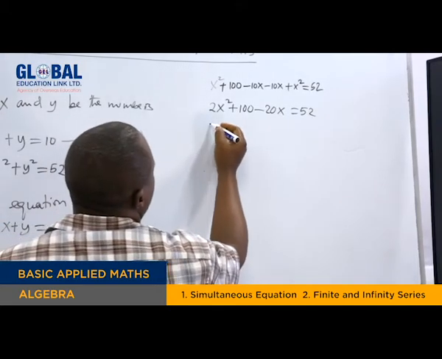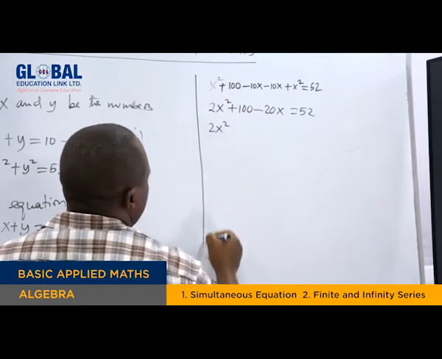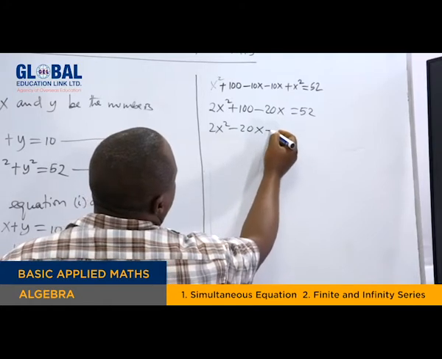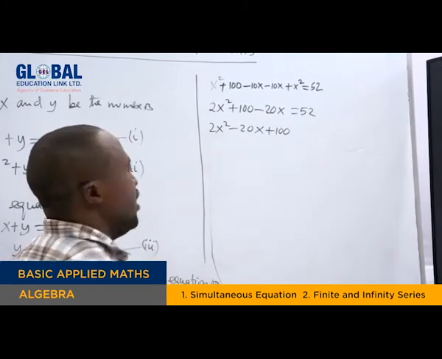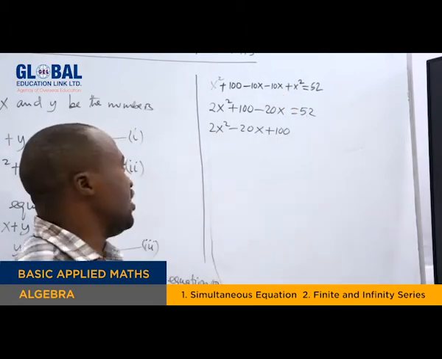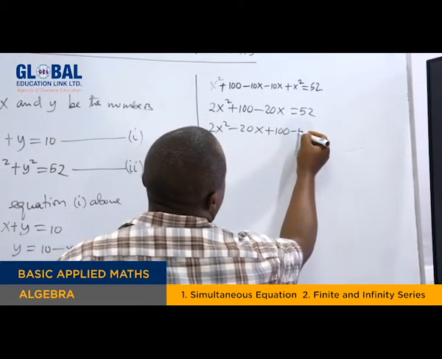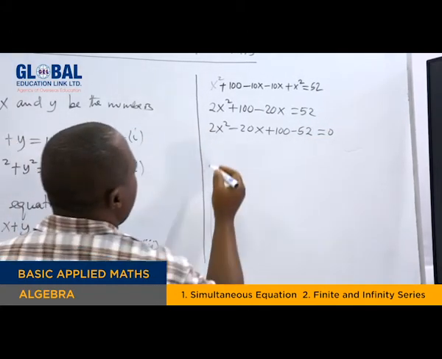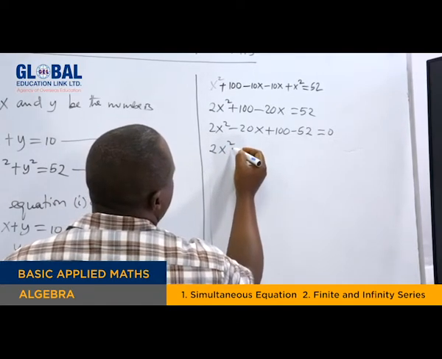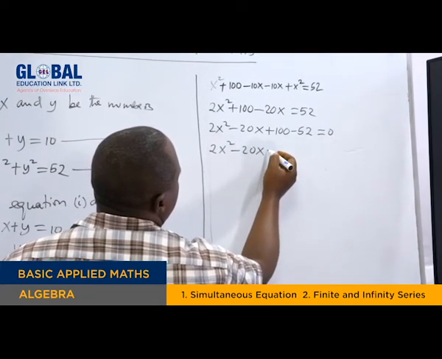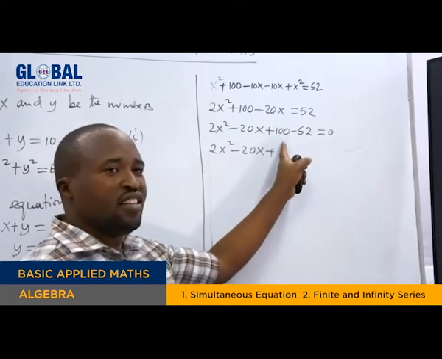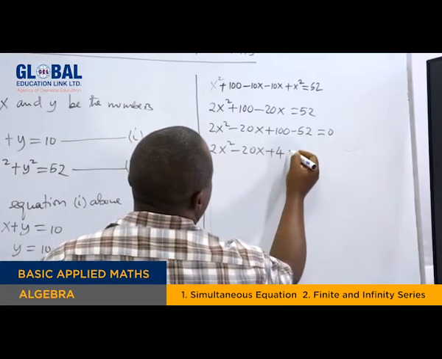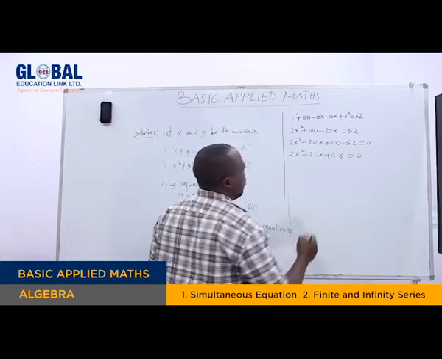So we have 2x squared minus 20x plus 100. Now we shift 52 to the left hand side, so it's minus 52 is equal to 0. Now we have 2x squared minus 20x plus 48 is equal to 0, since 100 minus 52 is positive 48.